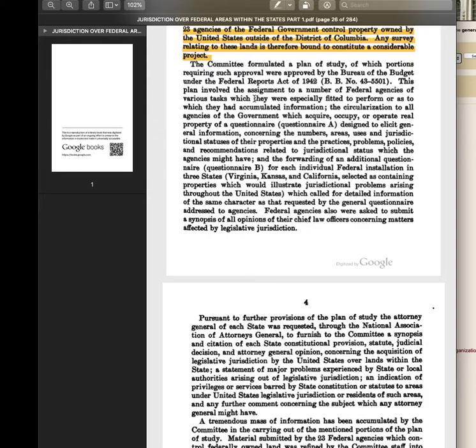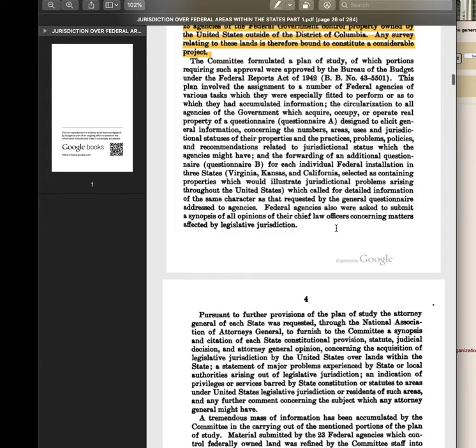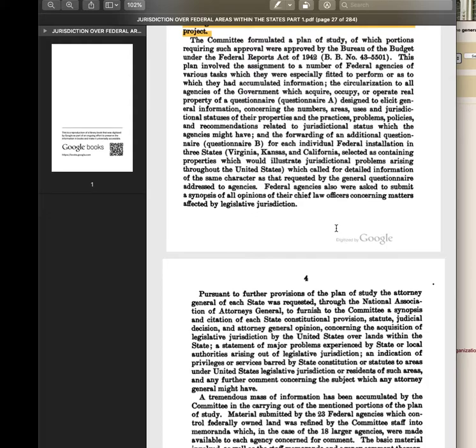So the federal government was given the right to do some things on federal lands, but they've expanded that idea of those things. And it's calling them cities and states and all these things which they don't actually have a right to own or operate.